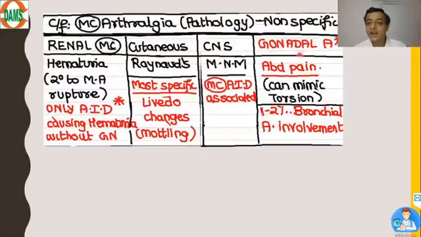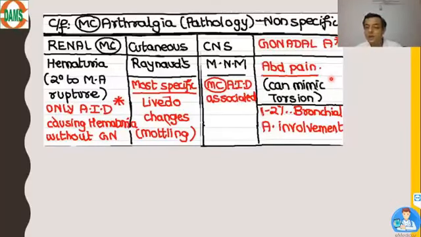Very good. Gonadal artery involvement is a typical feature of PAN. So that can present with abdominal pain. Mononeuritis multiplex: the most common autoimmune disease associated with mononeuritis multiplex is PAN, that we have discussed when we discussed the point mononeuritis multiplex.